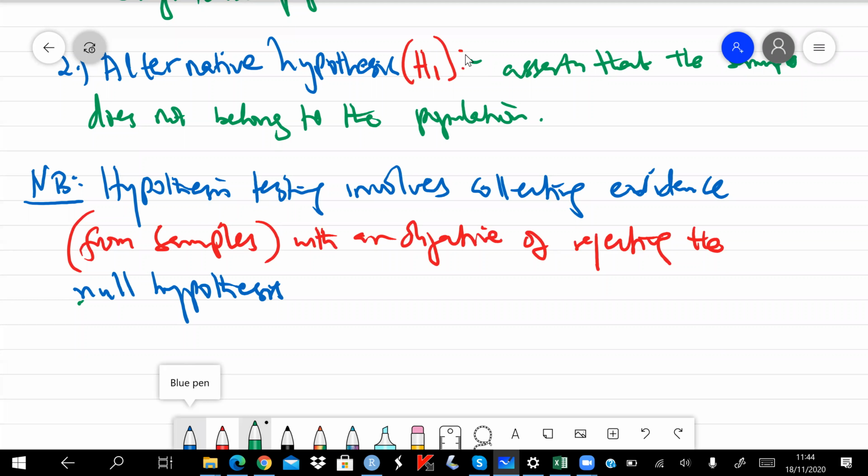So in short, hypothesis testing revolves around the null hypothesis.